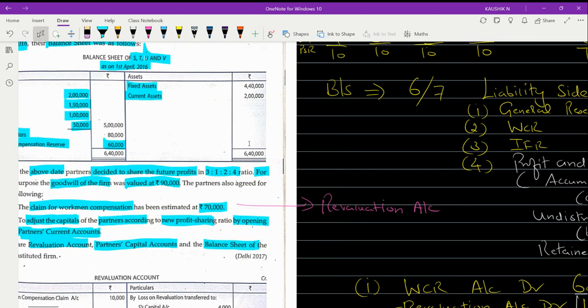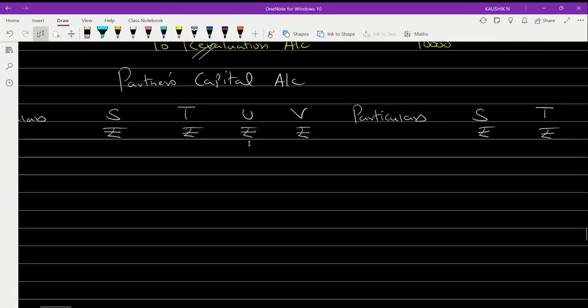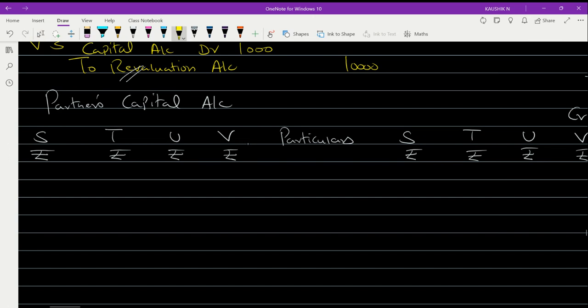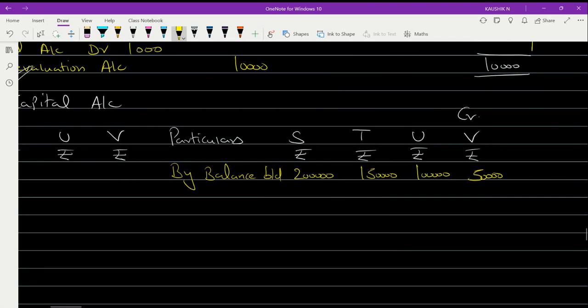So you will bring the amount on the credit side, mentioning it as by balance brought down: 2 lakh, 1 lakh 50, 1 lakh, and finally 50. Any difficulty in bringing the first value? How to bring the value? Any doubt?